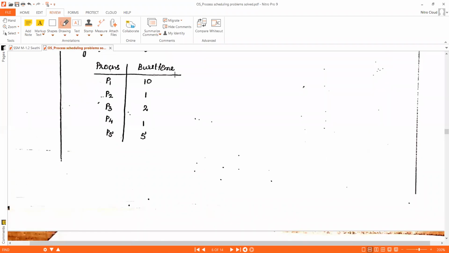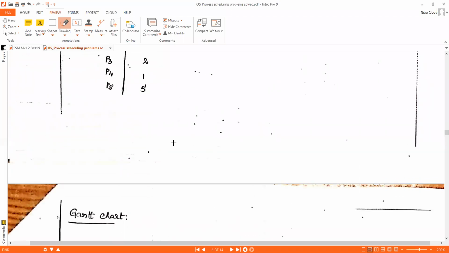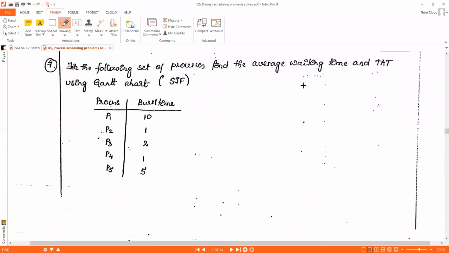Okay, here the processes are given like this: process 1, process 2, process 3, process 4, process 5, and its burst time is 10. Process 3's burst time is 2, 4's burst time is 1, 5's burst time is 5. Okay, and here if they don't mention the arrival time, we need to assume the arrival time of all the processes is the same, that is clock time 0.